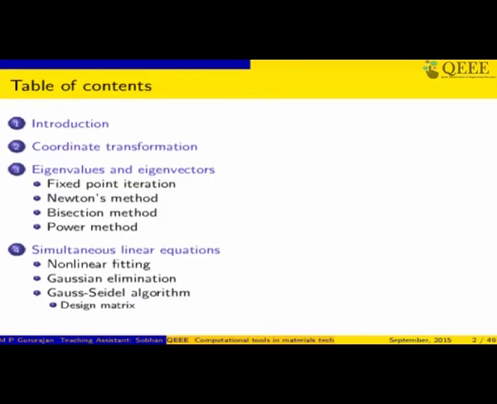While we look at eigenvalues and eigenvectors, we will also look at some methods like fixed point iteration, Newton's method and bisection method, etc., which are basically methods for finding zeros of a given polynomial. But they are also useful to get the eigenvalues of a given matrix. So we will look at some of these methods, and there is also a method called the power method. We will look at all of them, with specific reference to getting eigenvalues and eigenvectors.